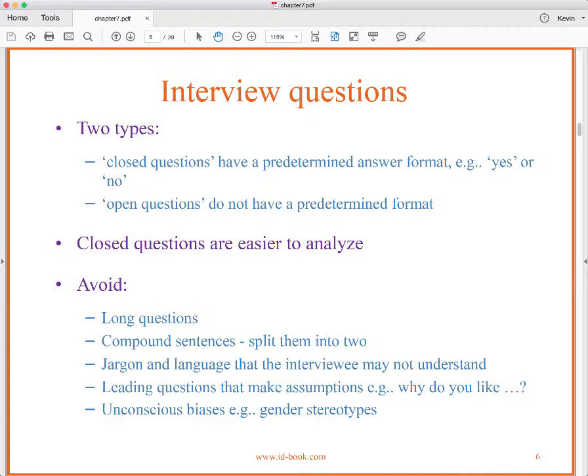Okay? You would probably glean from this that we're expecting you, if you're going to do an interview, to have a written interview plan. Even if you are going to do an unstructured interview, there's going to be some structured part to it.